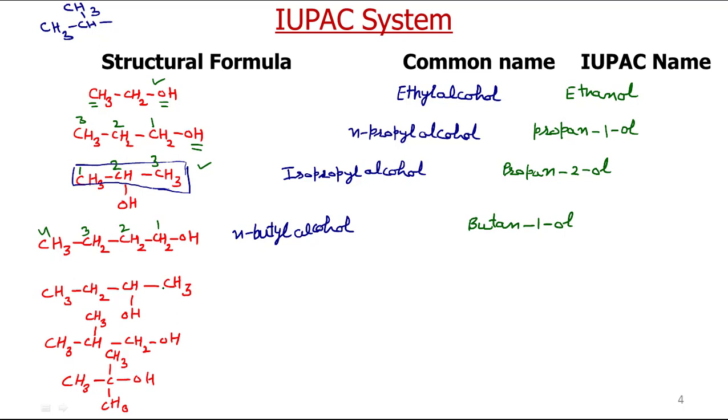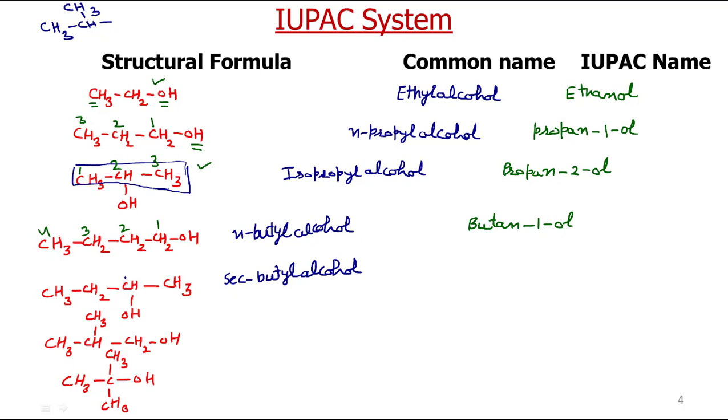Now let us come to this compound. When we have to give its common name, we have to see whether this is a primary or secondary alcohol. This OH group is attached to a carbon which is further attached to 2 carbons, so it is a secondary alcohol. So its common name is given as secondary butyl alcohol. So this group is secondary butyl because this alcohol is a secondary alcohol.